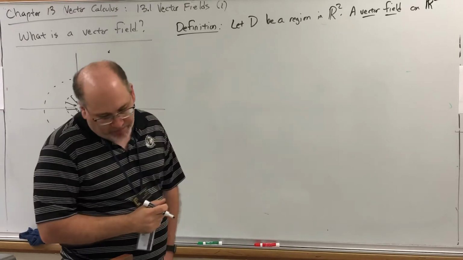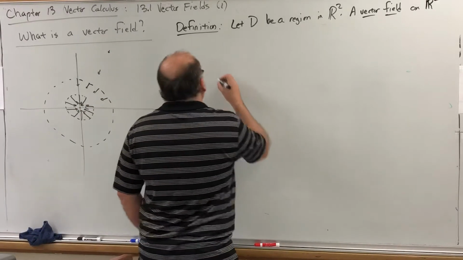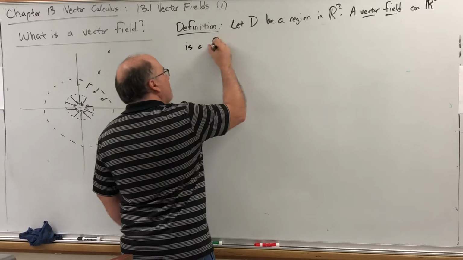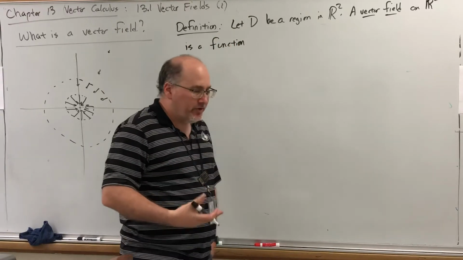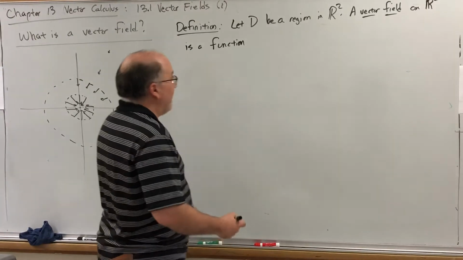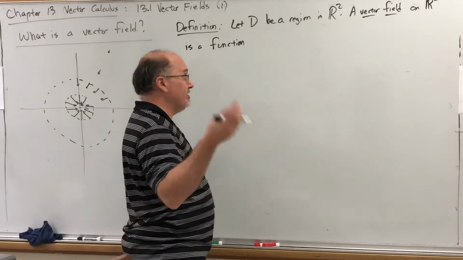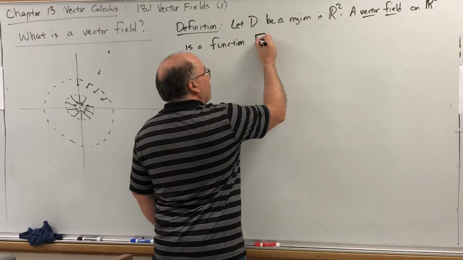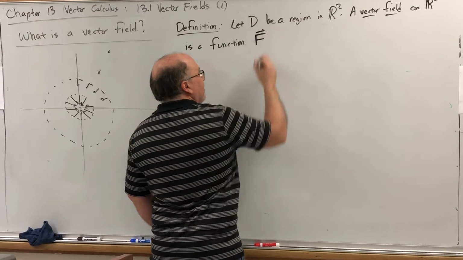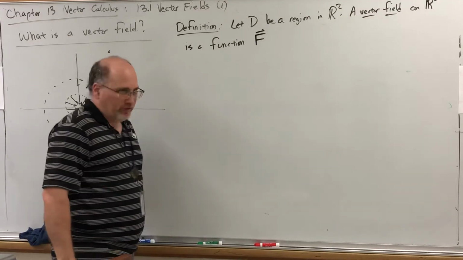But a vector field on R2 is just a function. Now in the book, whenever they write something to represent a vector, they use boldface. I really can't draw bold on here and distinguish it from not bold. So to represent something as a vector, I always draw a vector arrow above it. So that's a function, but it's a vector function.